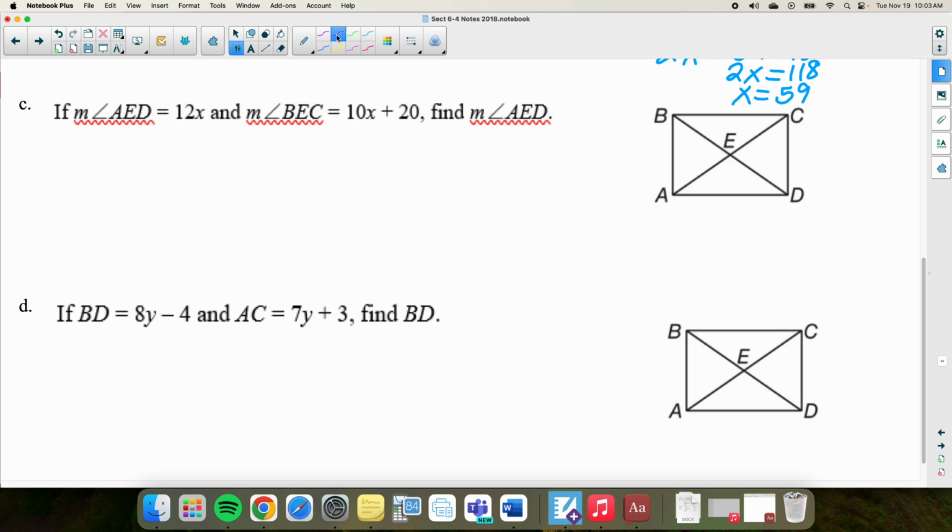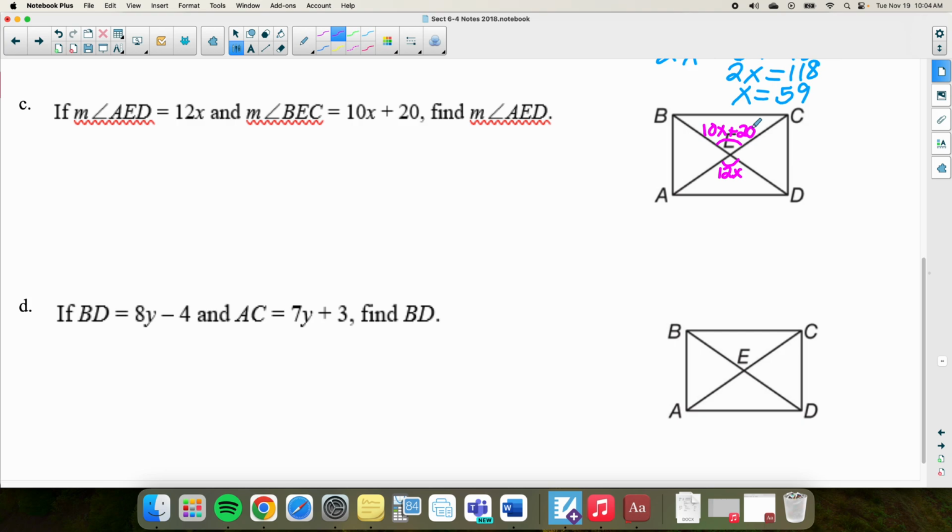Now if we look at this one, it says measure of angle AED, which is right here, is 12x. And the measure of angle BEC, which is right here, is 10x plus 20. What do we know about those two angles?